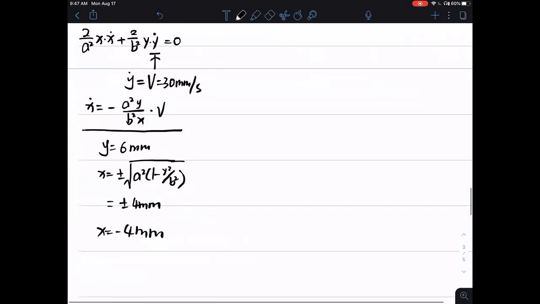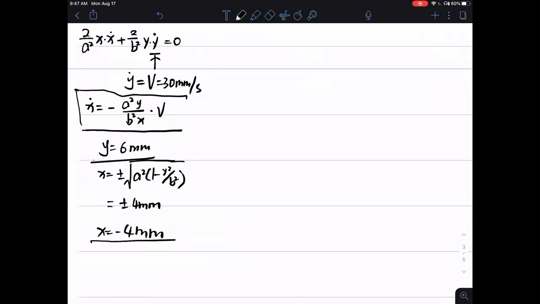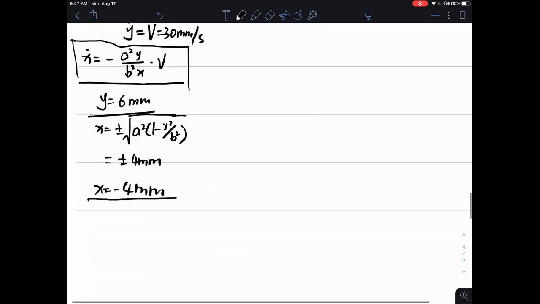And now we have values for y and x. We have the expression for x dot. And you can plug in y and x into that expression. You can find out the value for x dot. X dot equals 11.25 millimeters per second.